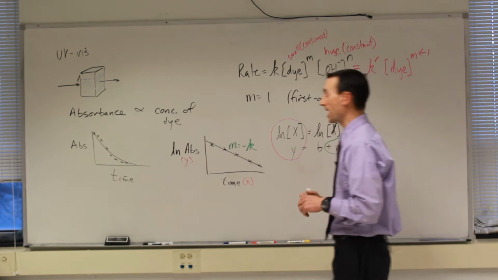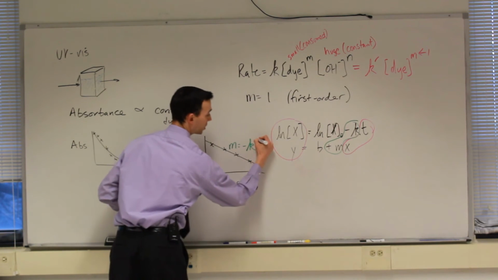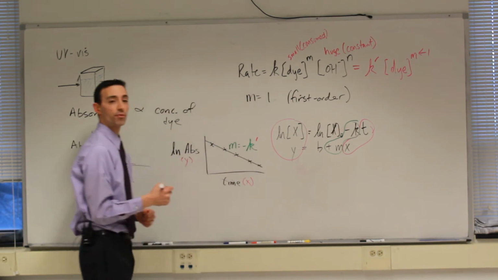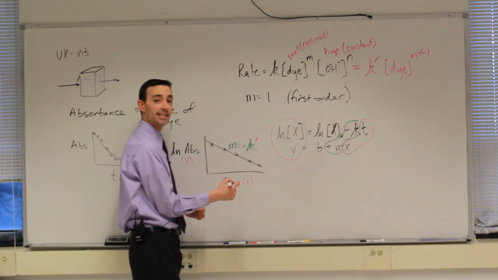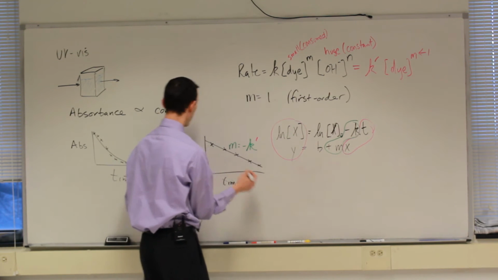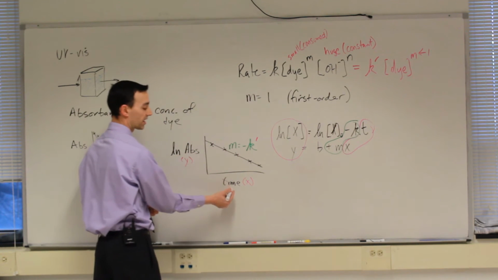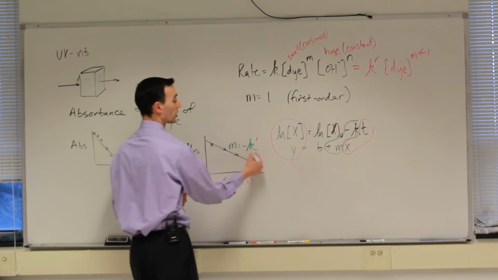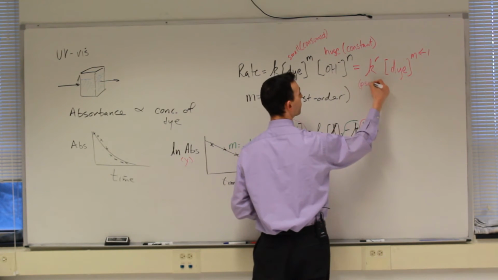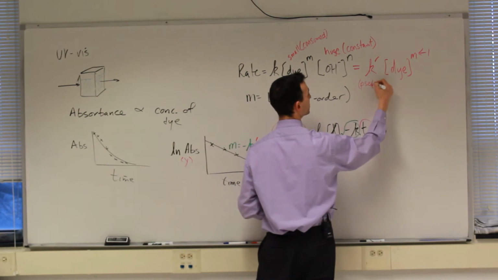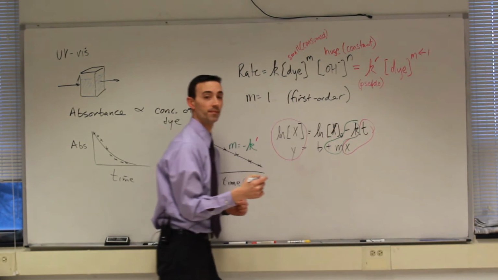So this would change then to k prime down here as well. So what we want in today's lab is to gather absorbance values at a number of different times so that we can find this, quote, pseudo or temporary rate constant for this reaction.